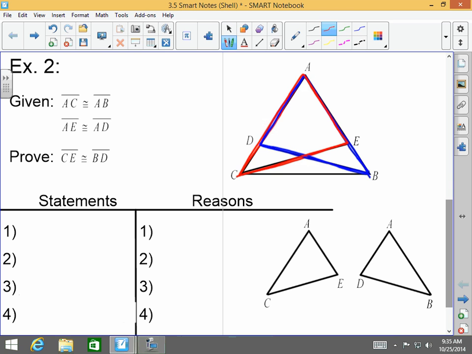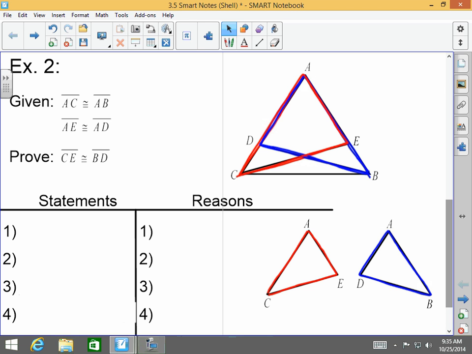This would be my ACE here, the triangle highlighted in red above, and my ADB would be this guy highlighted in blue, okay? So hopefully that makes sense. Pulling them out correctly is the most important part of this. Now it's easy from here.